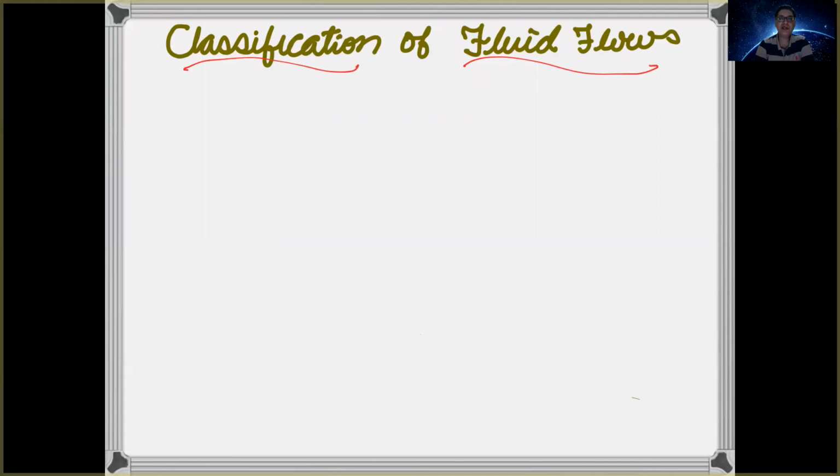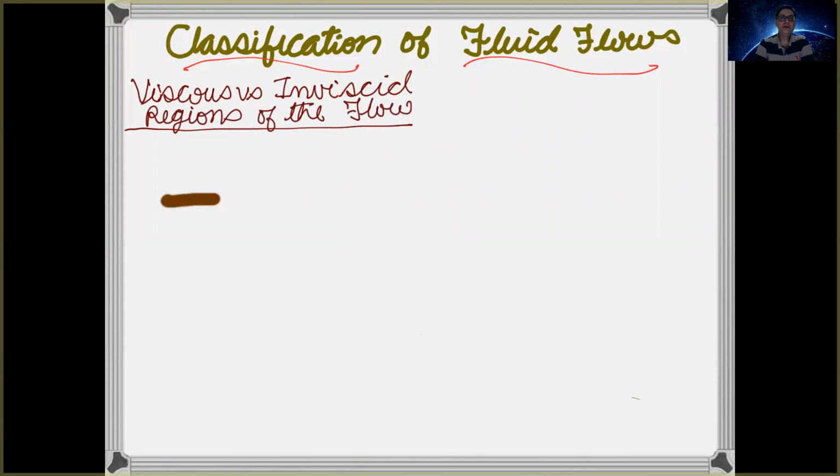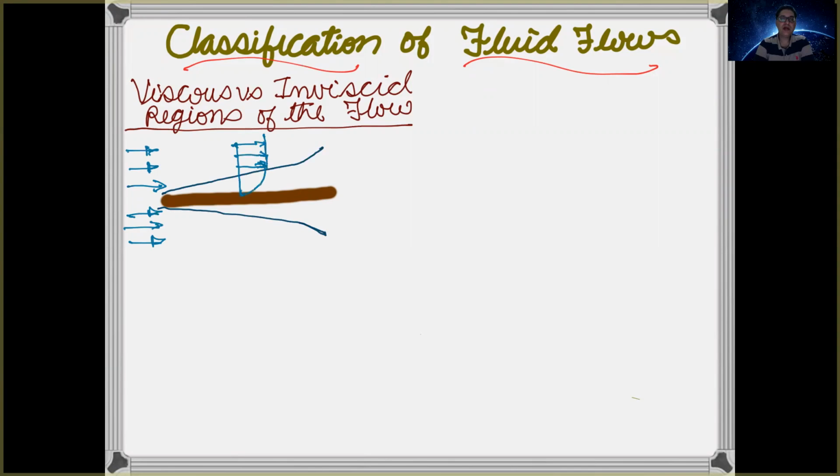The first classification which was presented is the viscous and inviscid regions in the flow. So as I mentioned, this is based on the role of the viscous force. Consider the example problem as shown here, a flow across a stationary plate.